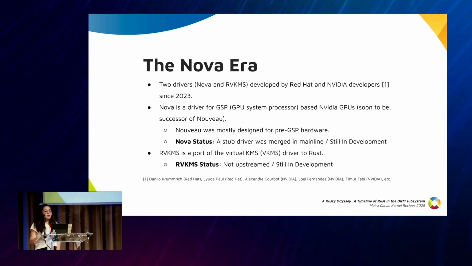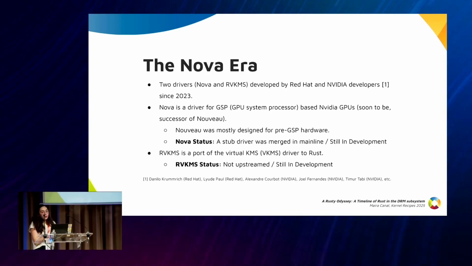And it makes sense now that a lot of the hardware internals were moved to the GSP firmware to simply write a new driver that can be much cleaner. I mean, a lot of that hardware abstraction layer ended up being moved from the driver to the GSP firmware. Now the driver needs only to interact with the firmware. So we can write something that's cleaner and more maintainable. So it makes a lot of sense to start from scratch instead of maintaining the pre-GSP code with the GSP GPUs.